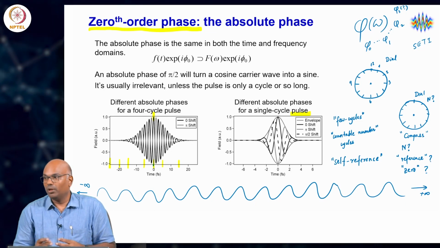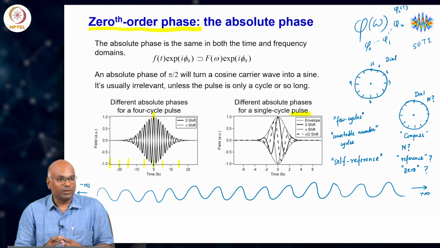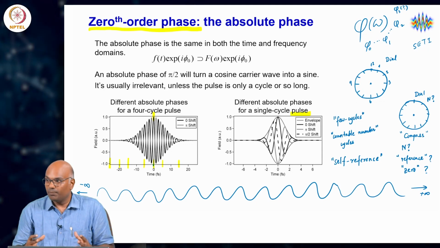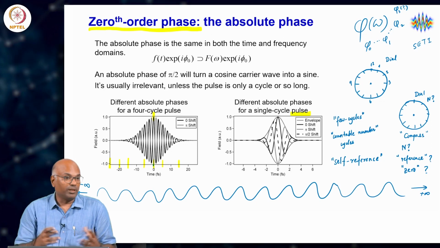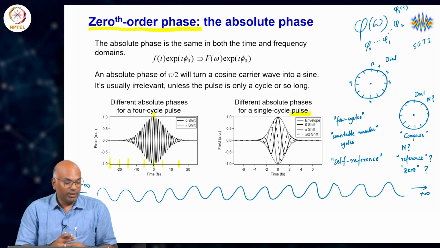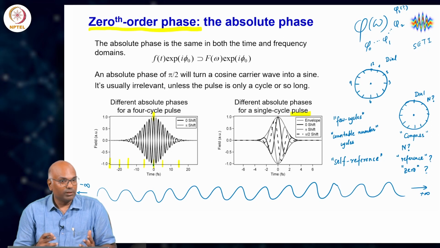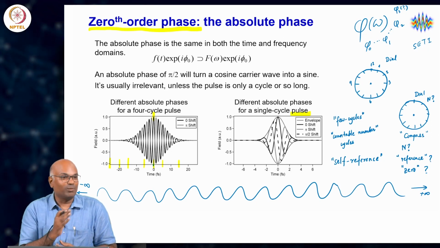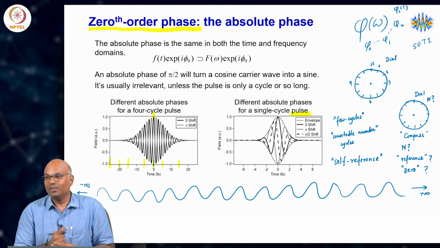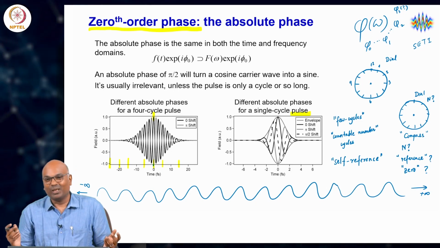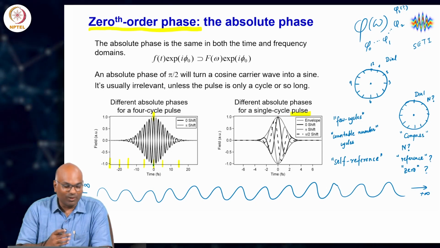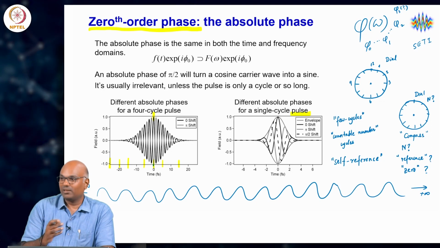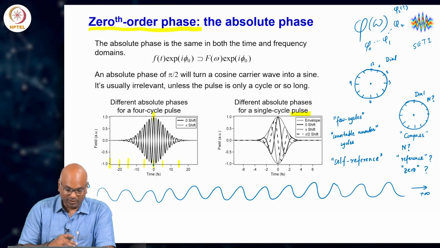If they are good lasers, then they will all produce such pulses which are well behaved, and all these pulses have a maximum in the amplitude, which I have the hope of measuring in some domain. In the time domain, if I pick that maximal point, I can have a robust definition of the zero of the scale. So zero is the most important number in the numeric system, or the number line too. So also here we are figuring out the zero, and there the zeroth order or the absolute phase is going to be something of significance.